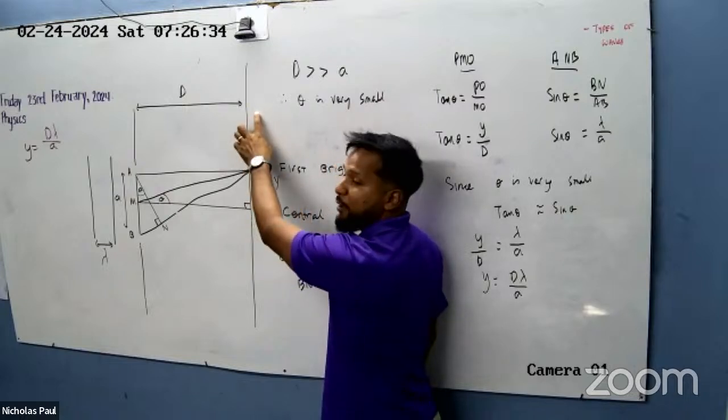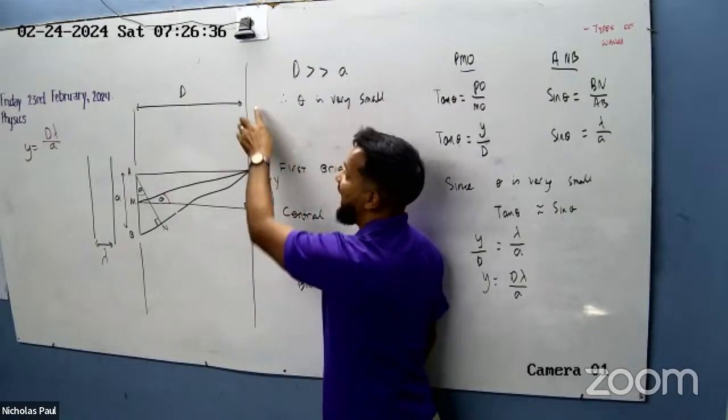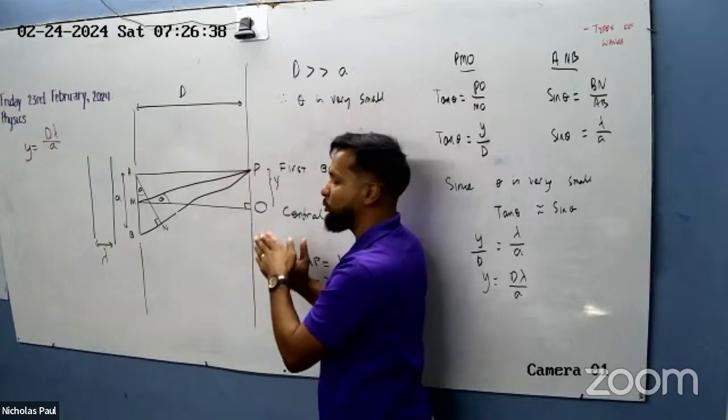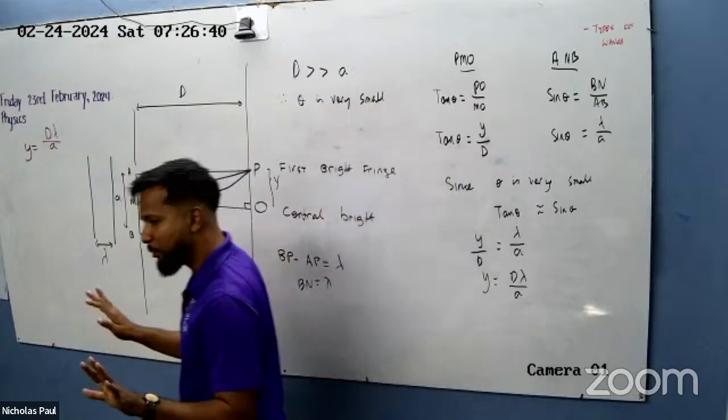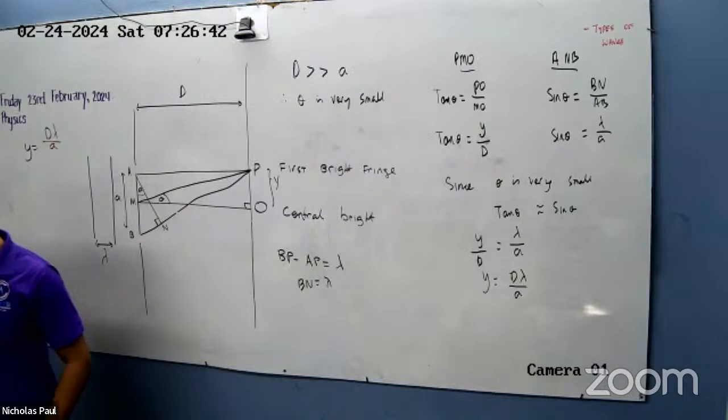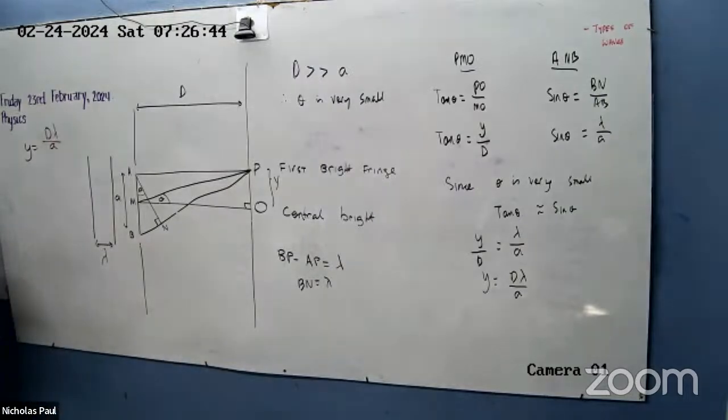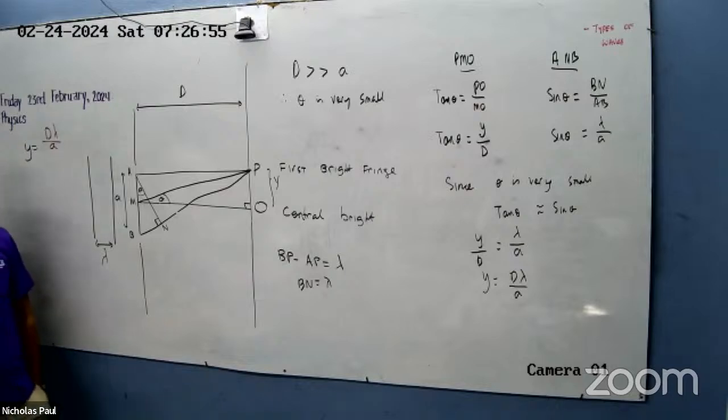I did it twice, for the nth and n minus 1, and subtracted them to get the same answer. Same diagram, same label, same principle. So you have to be able to do the proof. If they ask in an exam to show y is d lambda on a, you've got to be able to do that.